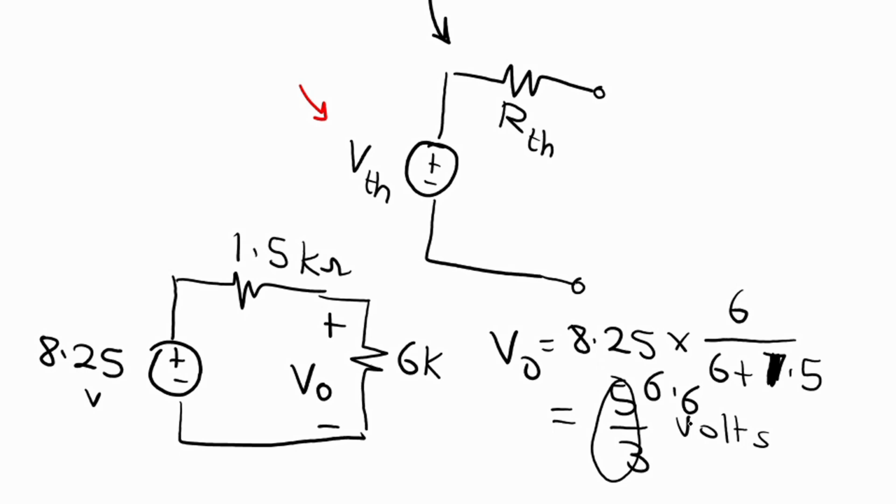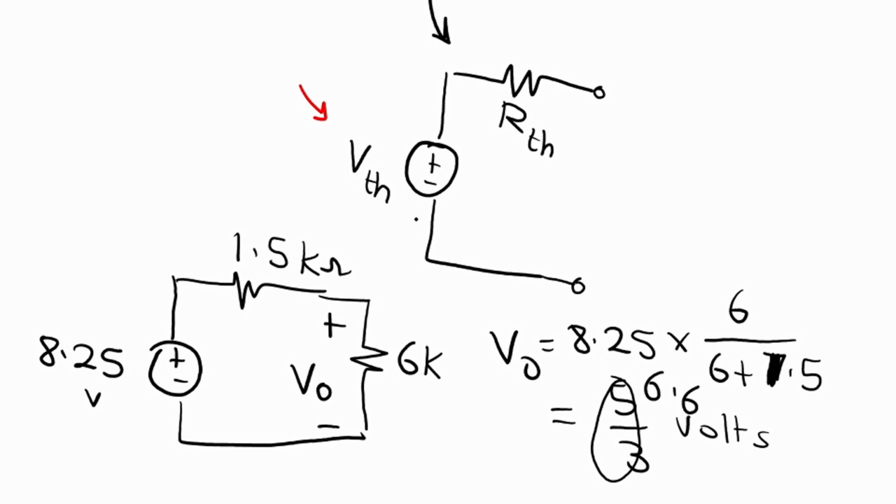so as you can see, we verified that the theoretical calculations had a mistake, by comparing the experimental results with the theoretical results. So we got the values of V Thevenin and R Thevenin correctly.